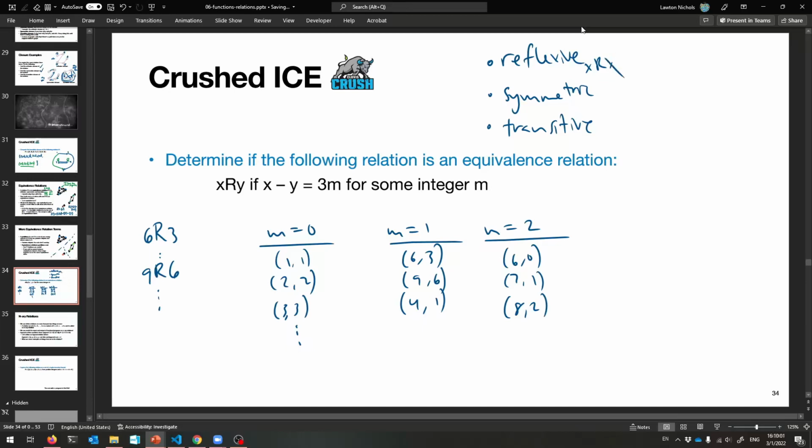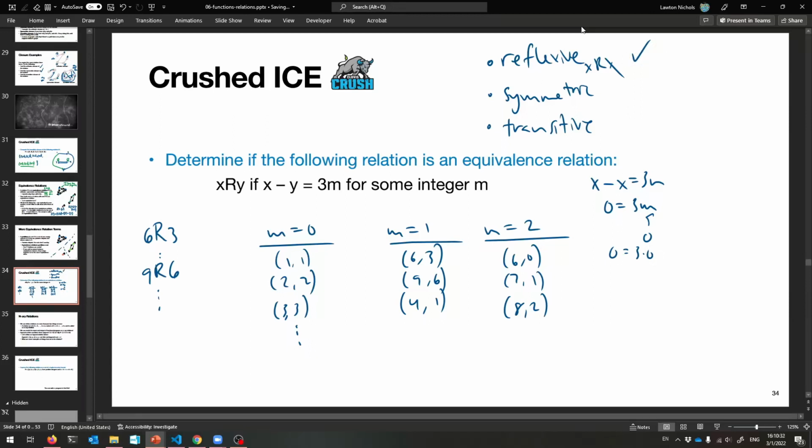Unpacking this, it's reflexive if for every element, x minus x, since we're trying to relate it to itself, is equal to 3m for some m. So is 0 equal to 3m for some m? Yeah, m can be 0. Do you see that? 0 equals 3 times 0. That's totally fine. And so it looks like this is indeed a reflexive relation. Isn't that nice? I hope that makes sense.